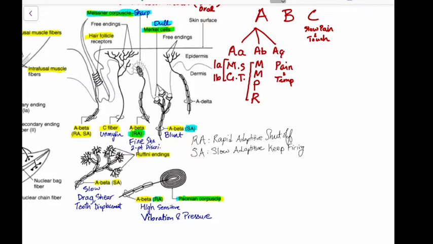This is highly sensitive to vibration and pressure, just like Merkel cells, which were for dull, blunt pressure and slow adapting. We have Ruffini endings, which are also slow. They're for drag and shear forces, like tooth displacement.